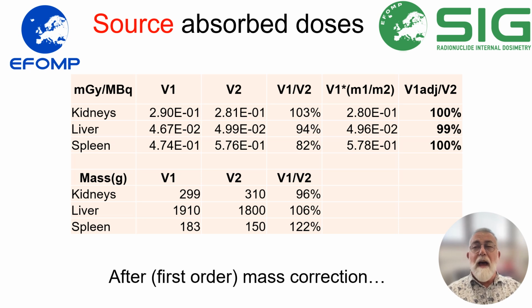So that really says that in that context, the mass correction for self-absorbed dose is usually sufficient to get very good results. So you can personalize your dosimetry by using model-based approaches as long as you do the mass correction. Okay, it's a first order, but it's a very good correction.